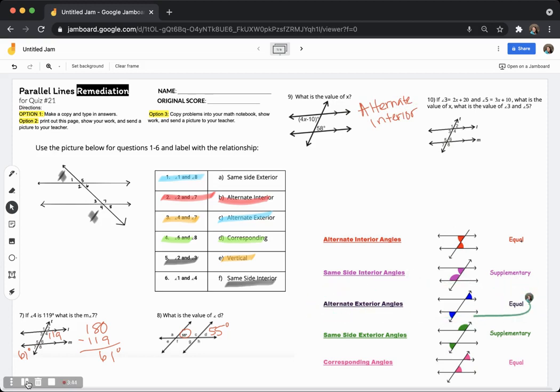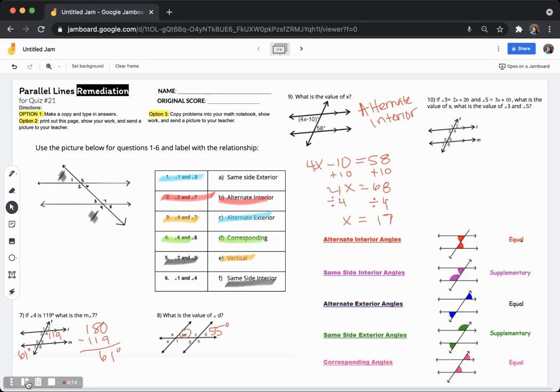So that means when I set up my equation, I'm going to say 4x minus 10 equals 58. Then I'm going to solve the equation. And you're going to get x equals 17.